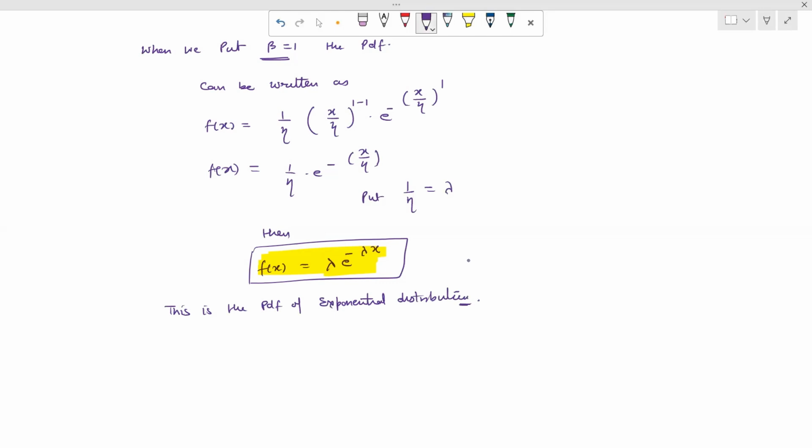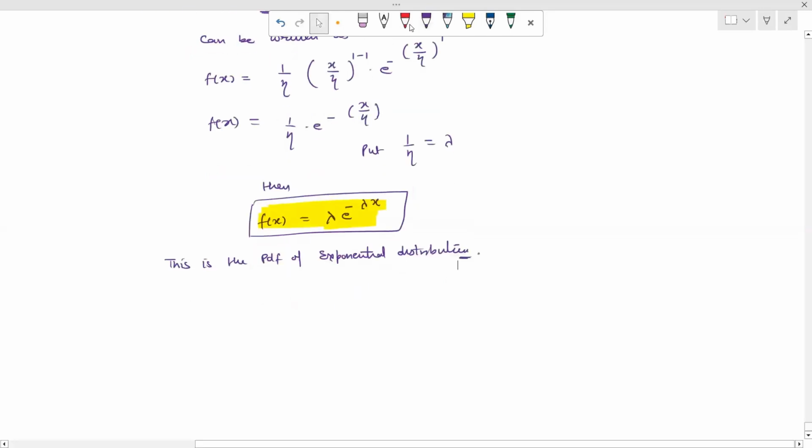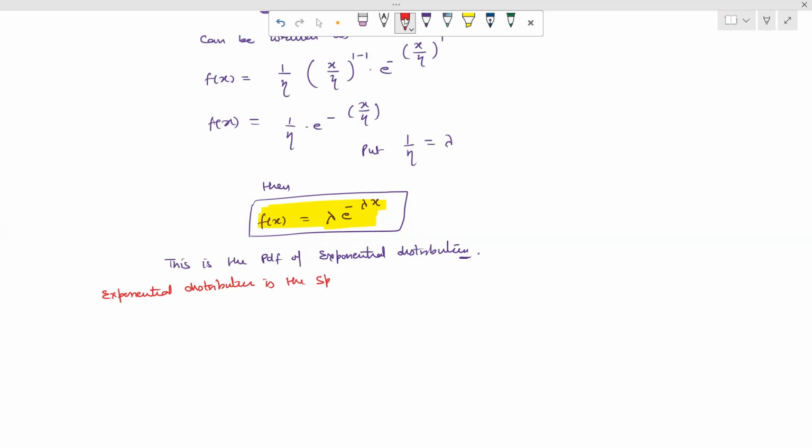Now we write down that the exponential distribution is a special case of both the gamma and Weibull distributions.